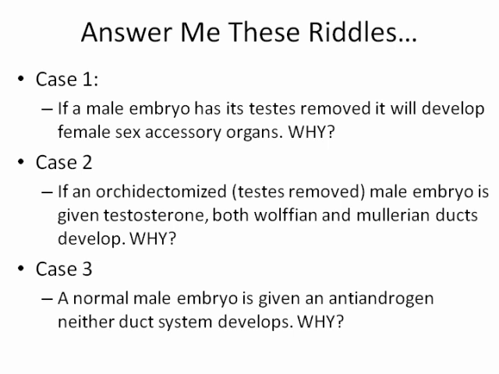Now, scenario three. A normal male embryo, you haven't removed anything, nothing's been altered, is given an anti-androgen. In other words, it's given a substance that blocks the effect of the androgen, the DHT or the testosterone.